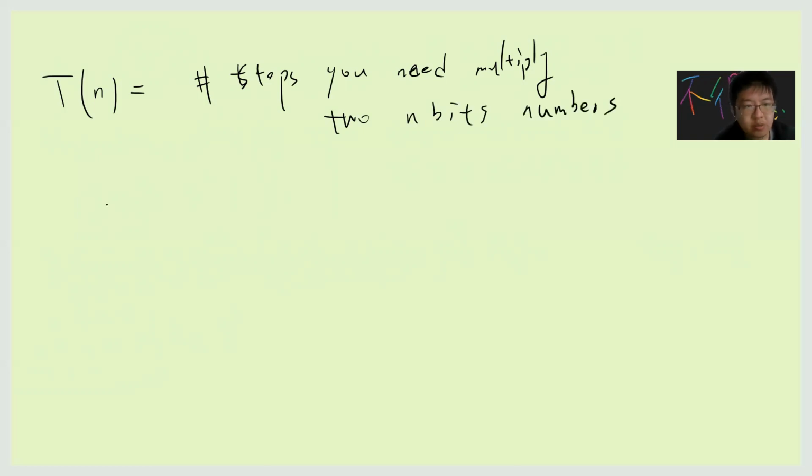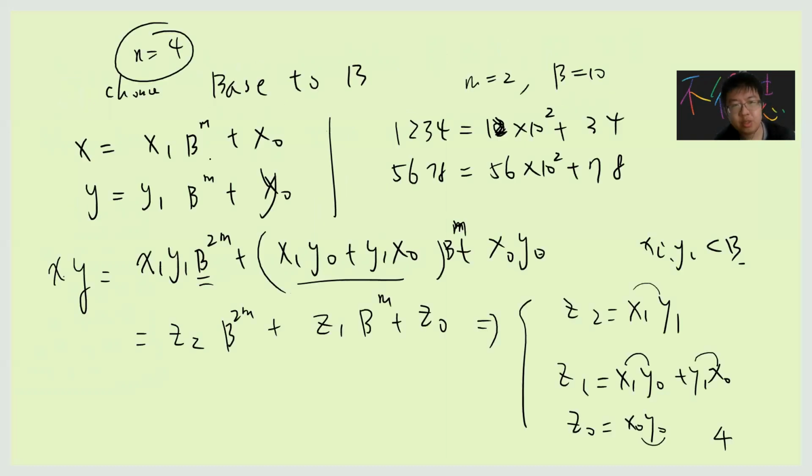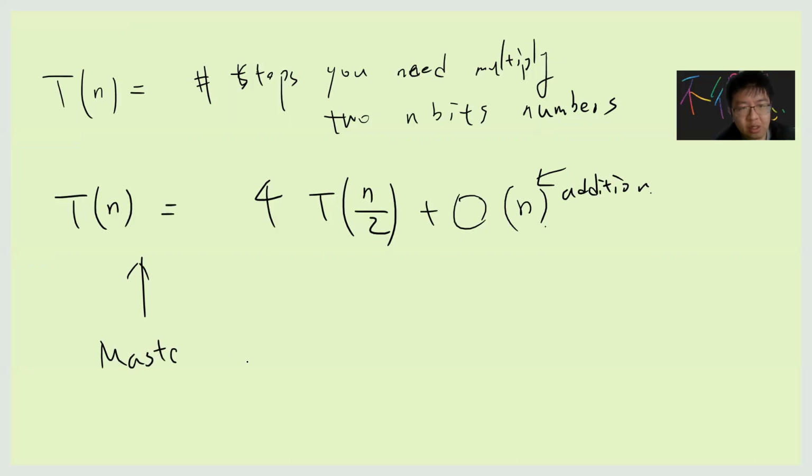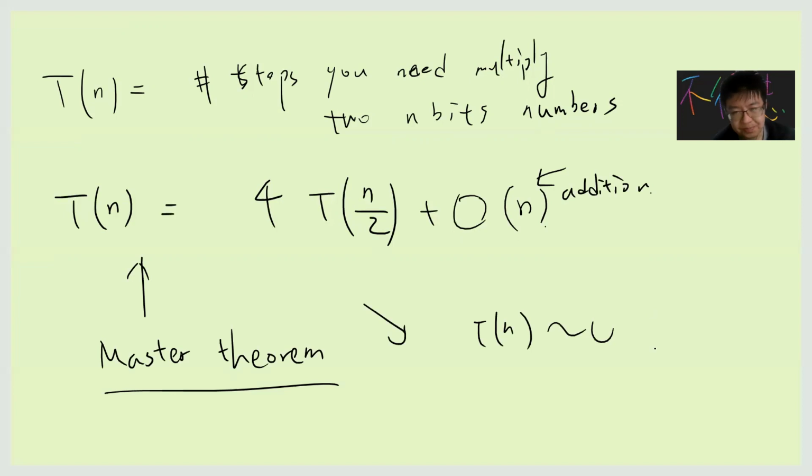Then T(n) separates into subproblems of size n divided by 2, and you get 4 of them, plus a big O of n because you need to do addition. Then you can use the master theorem, which I will not prove here, but I will post the proof below that I previously proved, so you can check it. So T(n) is basically O(n^2).